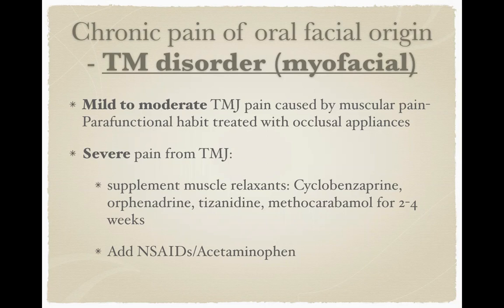Usually, when these drugs are prescribed, it's recommended that it's not prescribed for any more than 2 to 4 weeks. You can prescribe NSAIDs and acetaminophen, but you should never be prescribing benzodiazepines in these situations because these drugs have a high abuse potential.